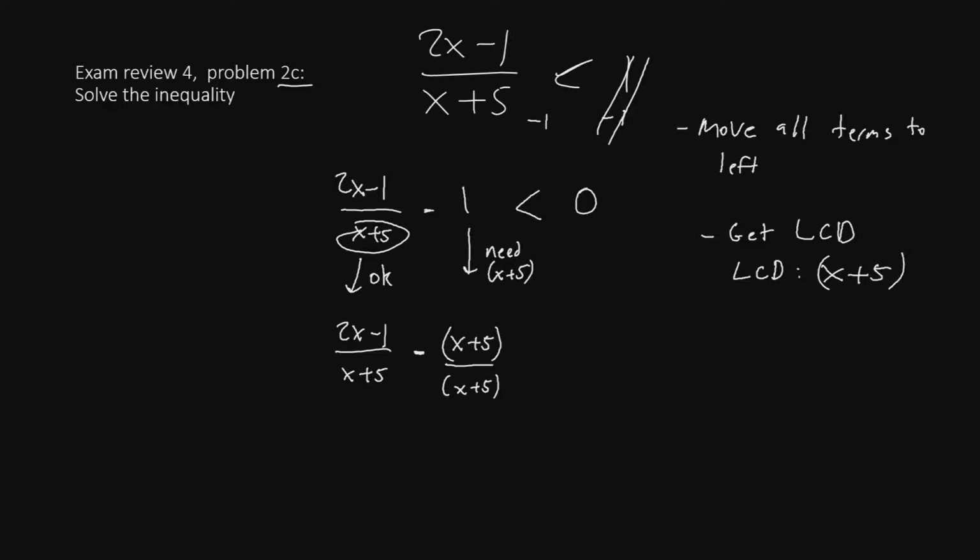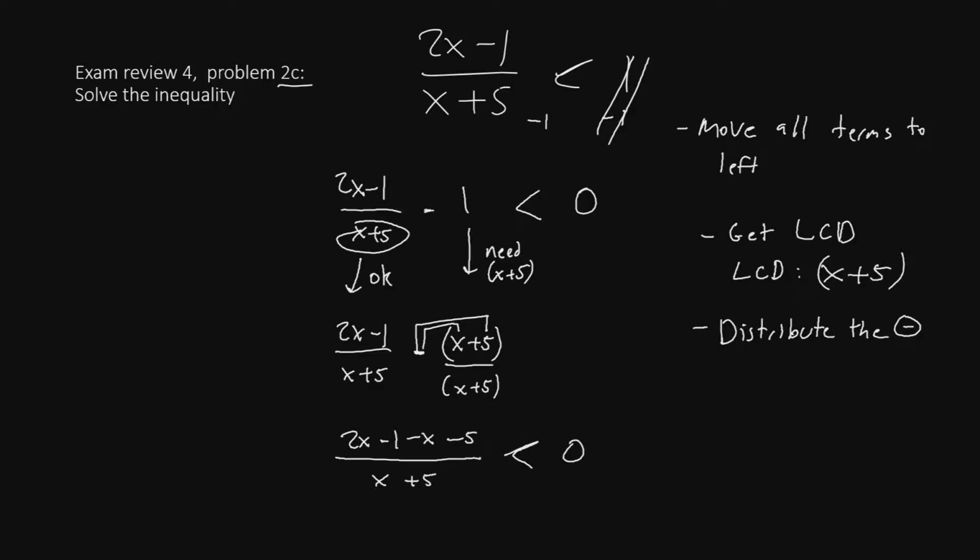Notice the x plus 5 on the numerator is in parentheses. We will need to distribute the negative. So this minus sign gets distributed to this x and this 5. We'll have 2x minus 1 minus x minus 5 over x plus 5, still less than 0.